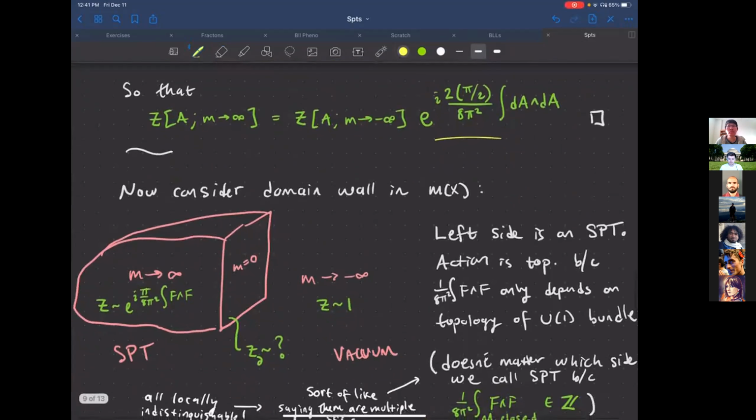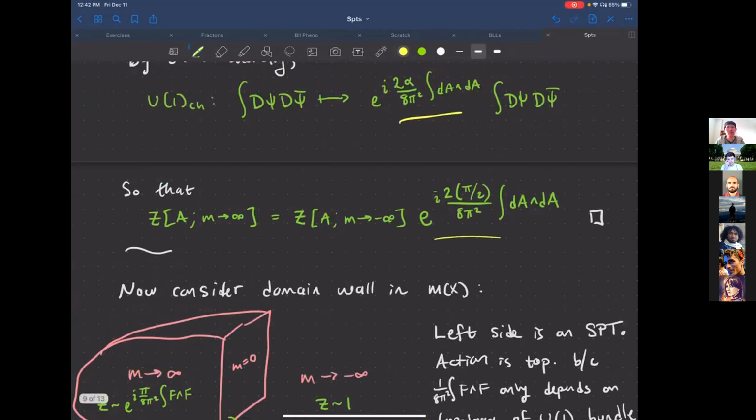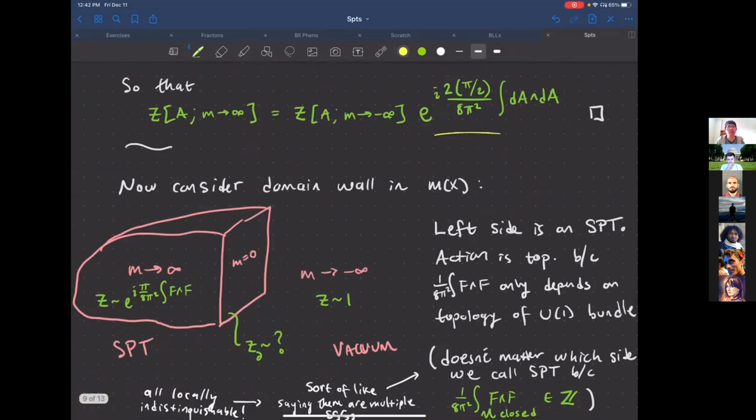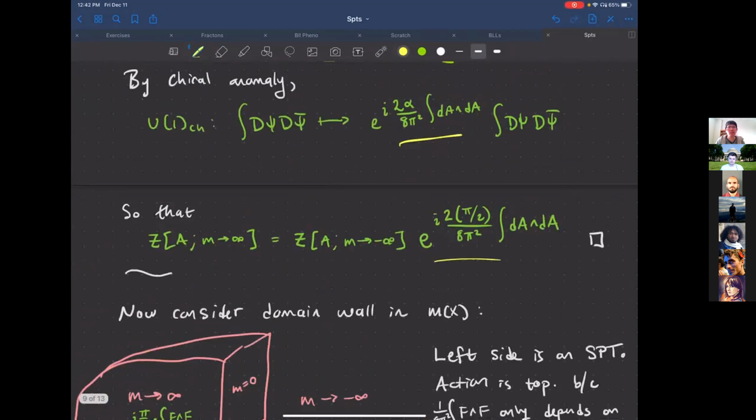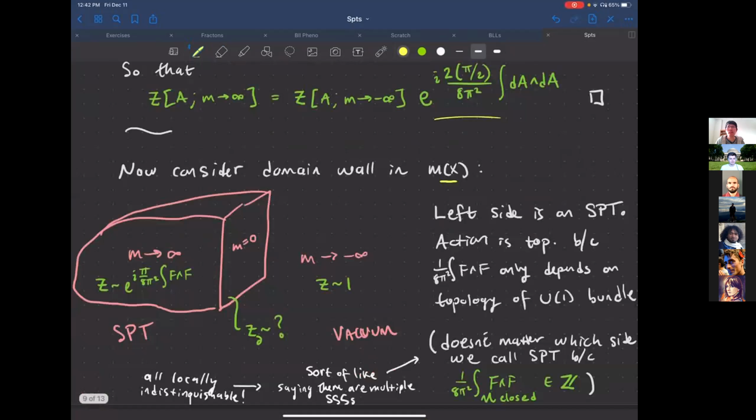Okay, so now, I'm not going to talk about that yet. What we can do is consider a domain wall where this mass changes sign. Here I'm drawing this picture in space, but we're in 3+1 dimensions, so there's also a time dimension.